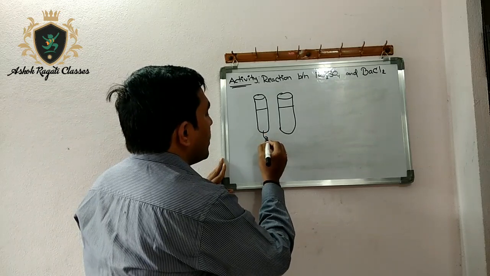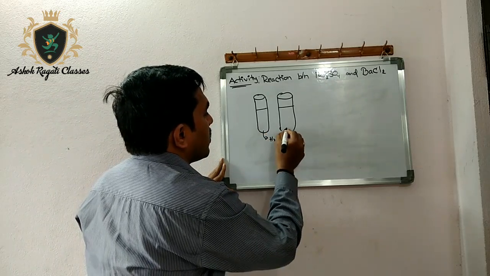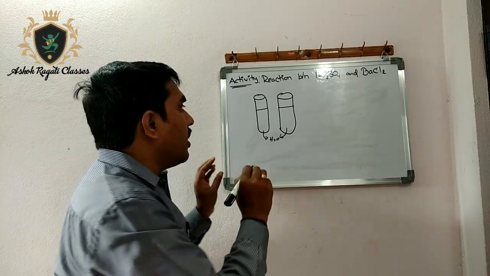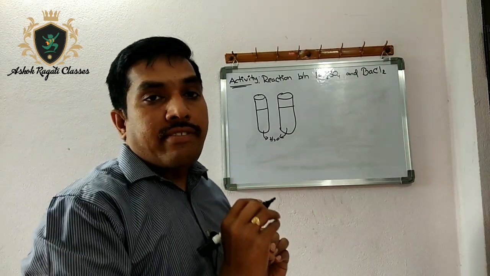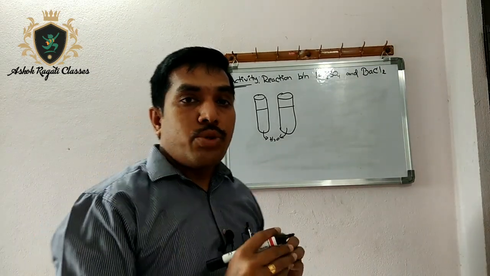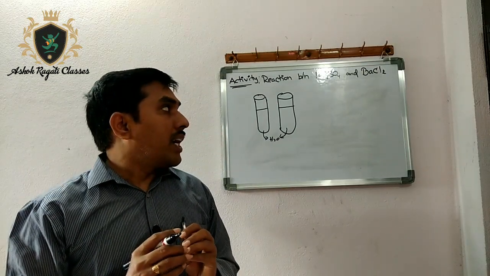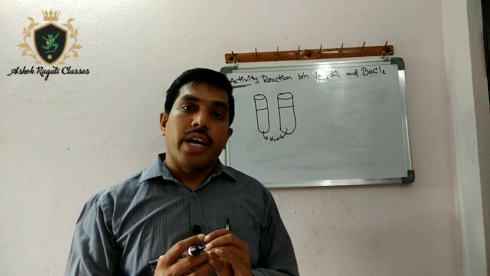What is the formula for water? H2O. Now I am adding sodium sulfate. What is the formula of sodium sulfate? The sodium sulfate formula is Na2SO4.